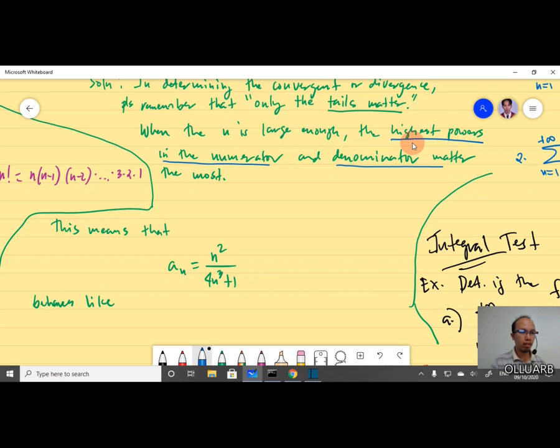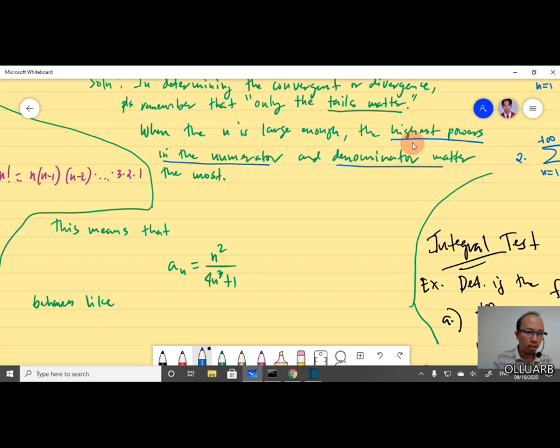matter the most. So meaning to say, the constants or other terms in the numerator, if there are other terms here like plus 3n or minus 4, you have to eliminate those.